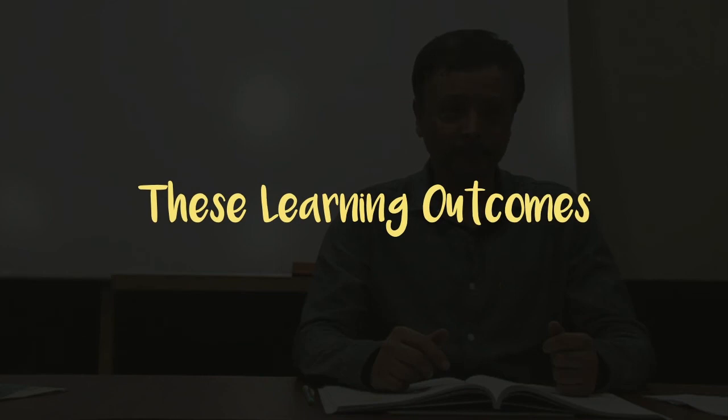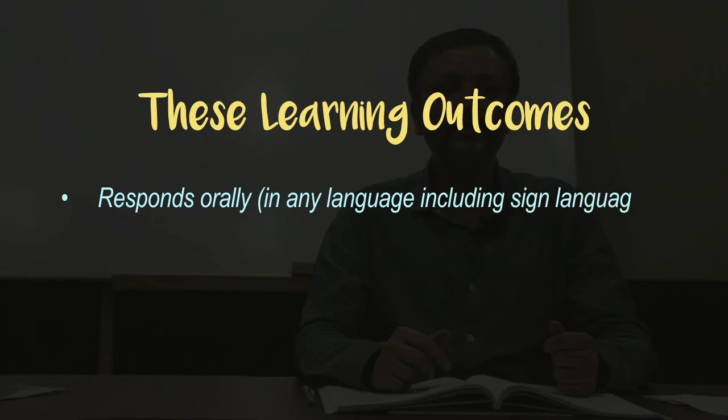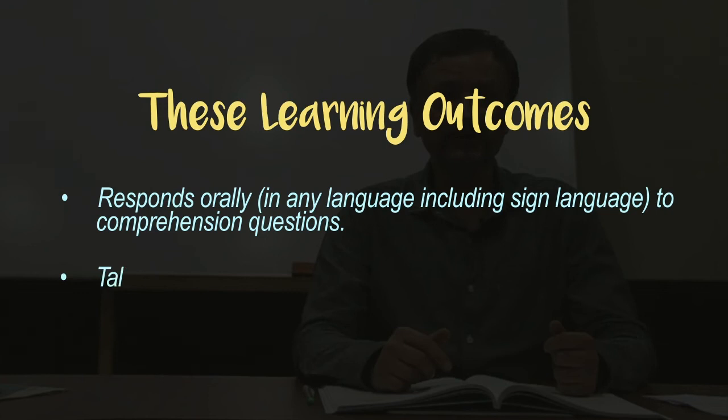Yes, sir. Now, in this class, we have seen that the teacher, while he is teaching, has also tried to achieve the learning outcomes. These outcomes are: respond orally in any language including sign language to comprehension questions, talks about self and situations.